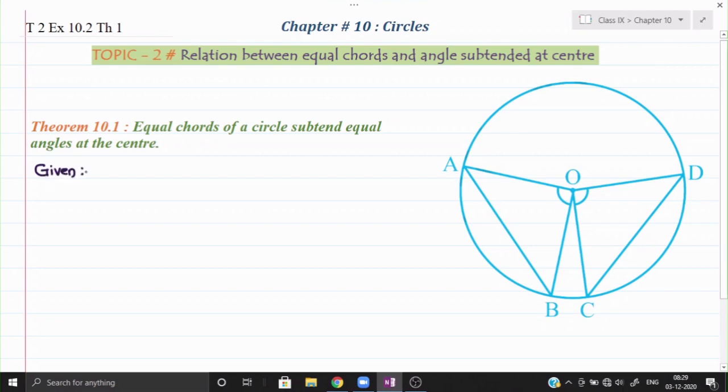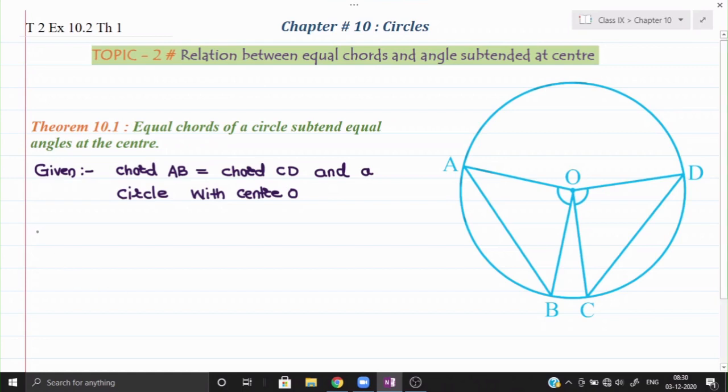Given: chord AB is equal to chord CD, and we have a circle with center O. Obviously OA, OB and so on are the radii.